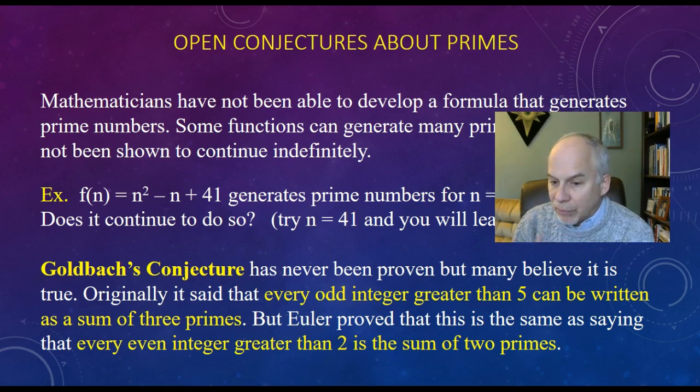If you can prove what Euler characterized the conjecture as, that every even integer greater than 2 is the sum of 2 primes, then you can easily know that Goldbach's conjecture that every odd integer greater than 5 can be written as a sum of 3 primes. But no one has been able to prove either Goldbach's original way he wrote it or Euler's alternative way.